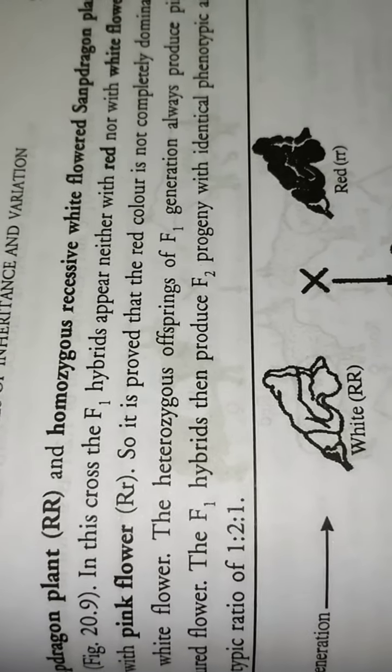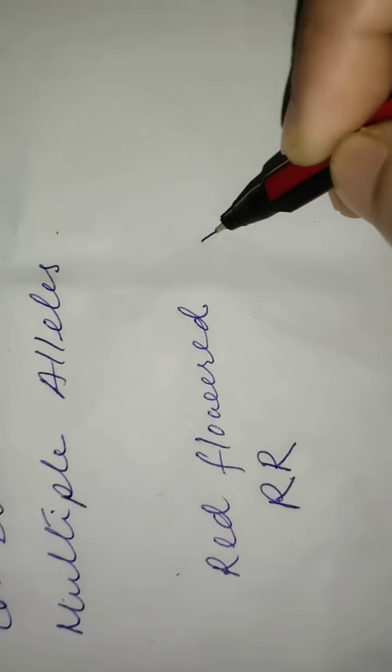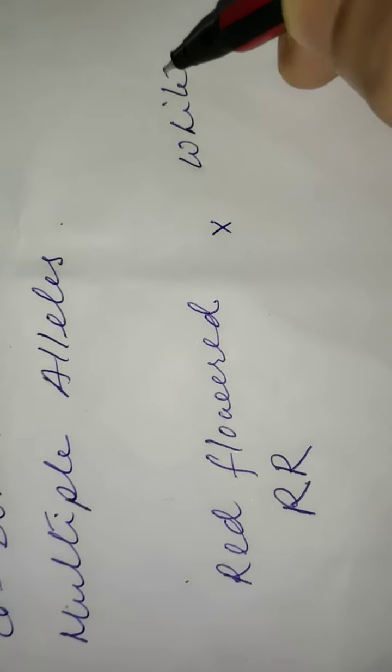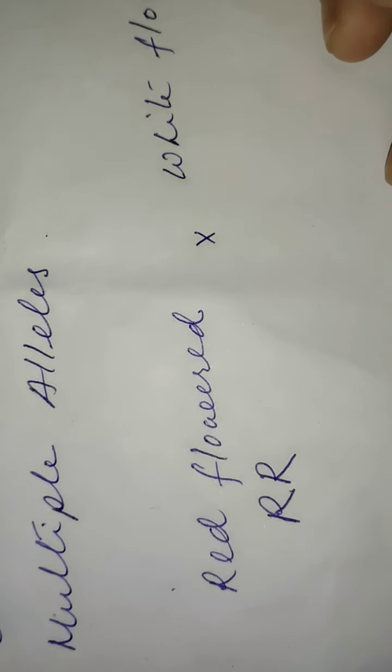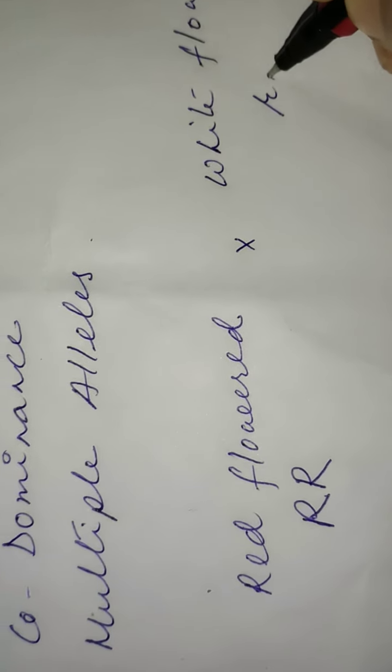So I am showing how. In the snapdragon plant, the homozygous dominant red-flowered plant, as this is the dominant character, red-flowered, capital R, and white-flowered, this is recessive.